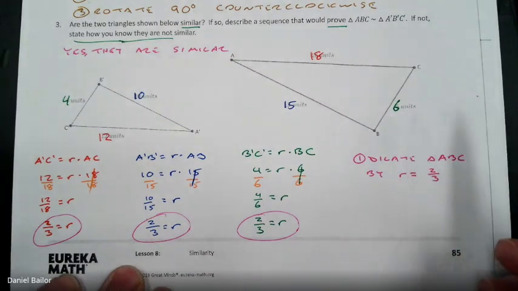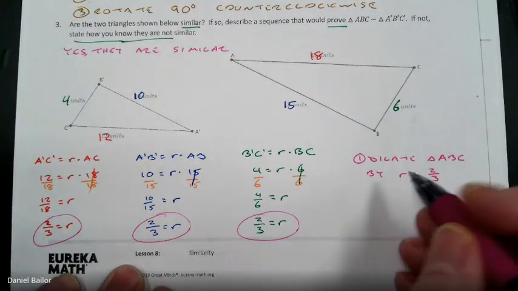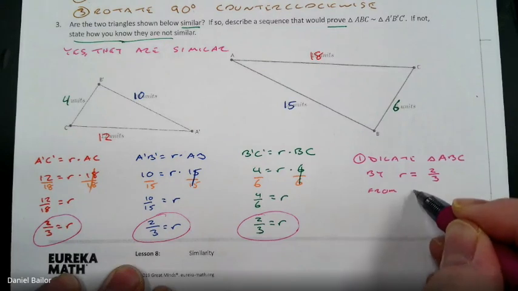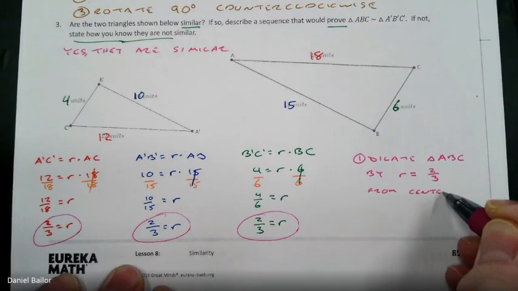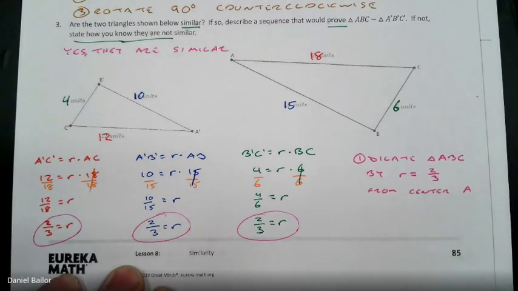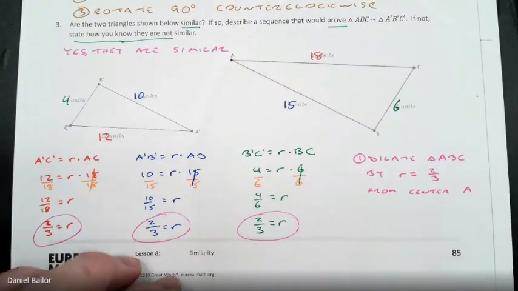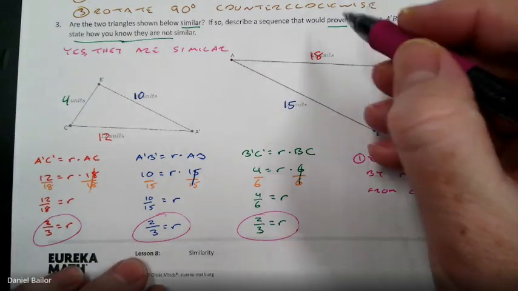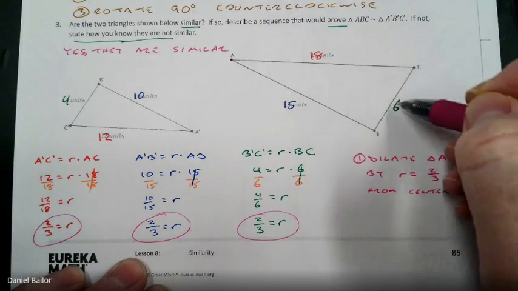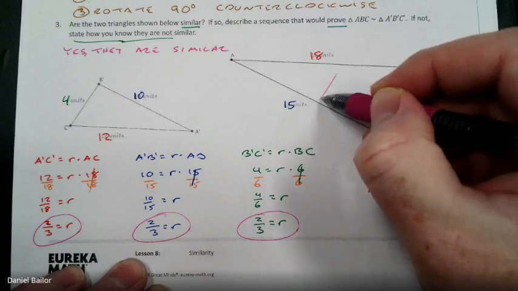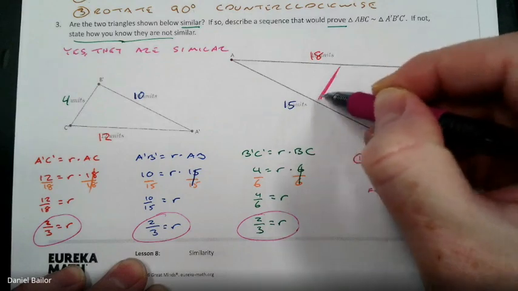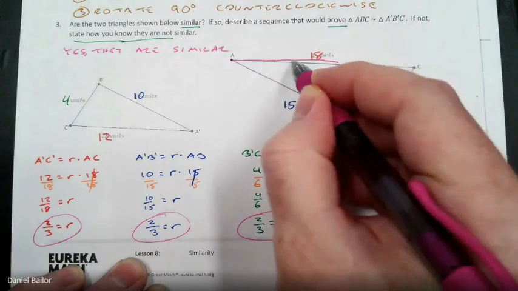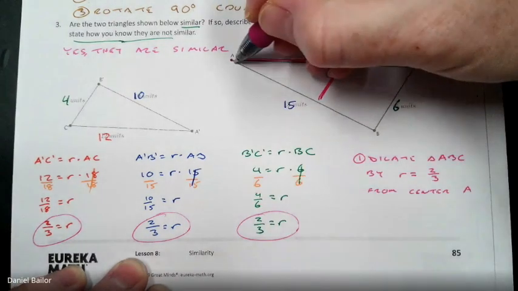And let me just pick, let's do center A. So I'm dilating from this point A. So now I shrink it. Now it moves from here, and after I dilate it, it looks like this.